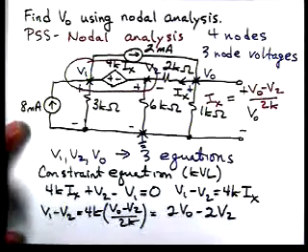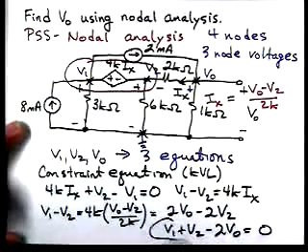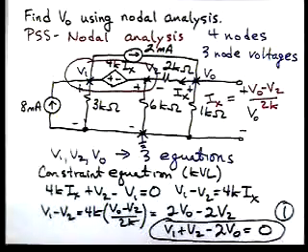So then, collecting up terms, our equation becomes V1 plus V2 minus 2V0 equals 0. So here's our first equation. We used that voltage source, we wrote a constraint equation, and that gave us one of our 3 equations.